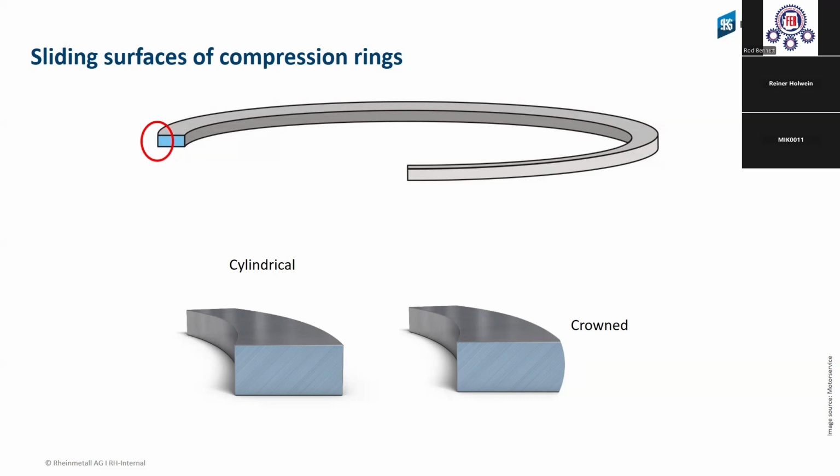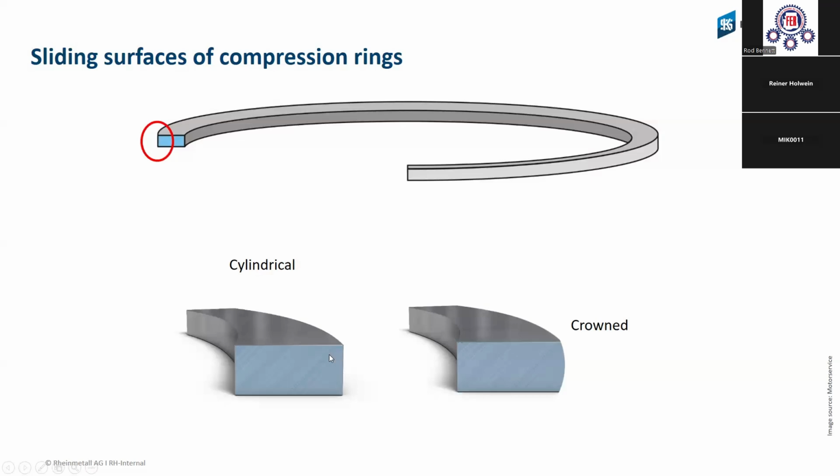That means a point contact on each of these crowned positions. We have a contact up to the position with the surface, or a small line contact. On the cylindrical, we have a very big area, the complete area is in contact with the surface.